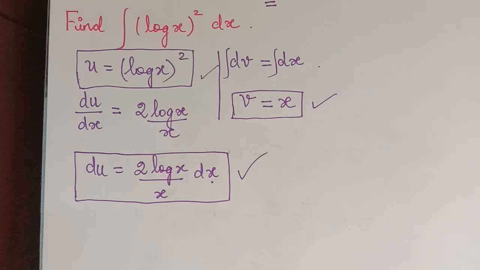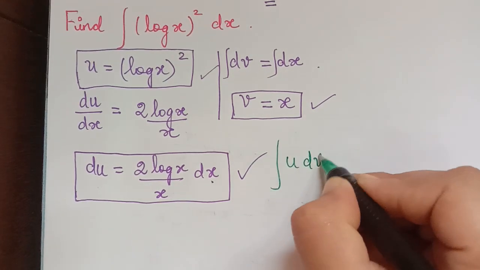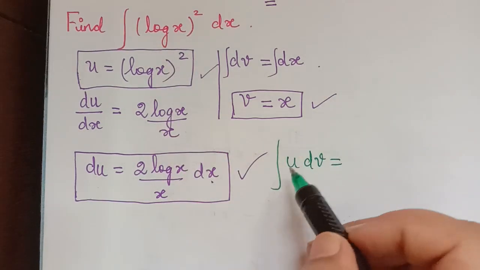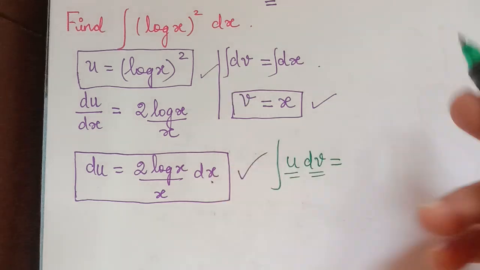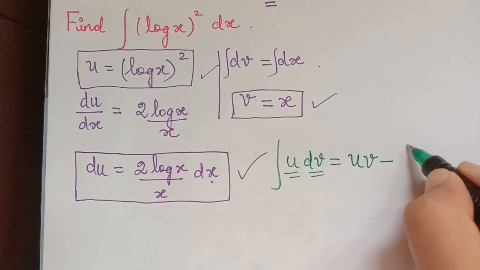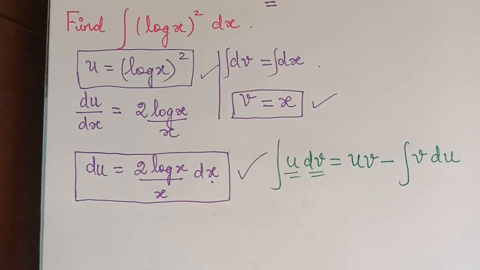So what is the formula? The formula is integral u dv, which is equal to, so this is the question where we have made the choice of u and dv, then that is equal to the formula uv minus integral v du. So let us apply in this formula now.